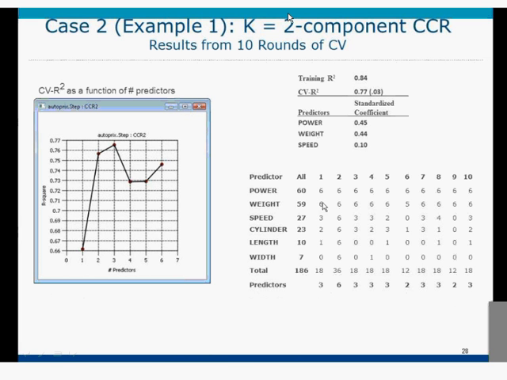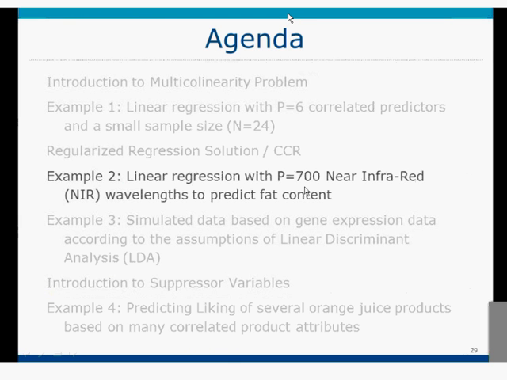How many times was weight included, etc. We can see here that overall power was included 60 times, weight 59, speed 27, cylinder 23. So it gives us another measure of variable importance. So I'm going to finish this, address any additional questions, and then we'll go on to the first example with high-dimensional data. So we'll take a 5-minute break right now.